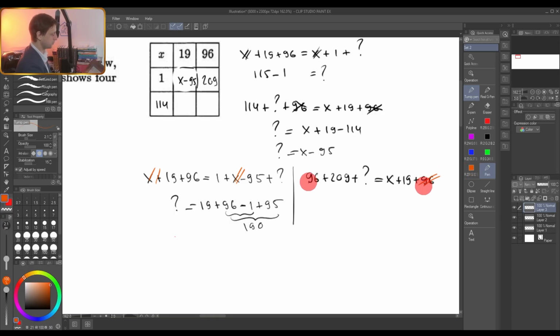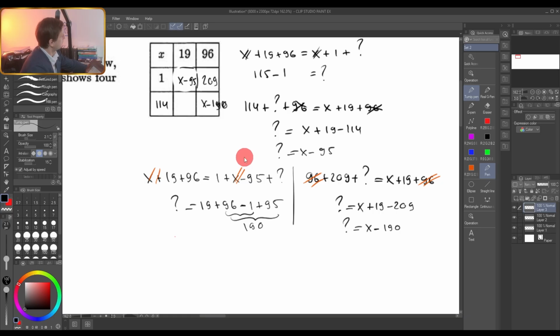Conveniently, 96 cancels out, and this something equals x plus 19 minus 209. So this something equals x minus 190.